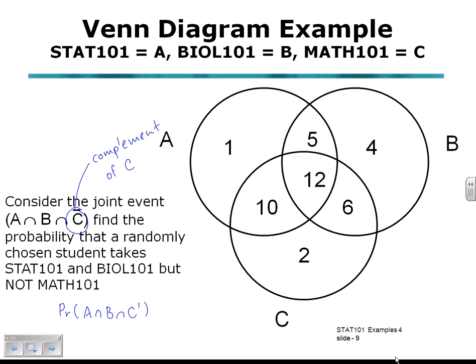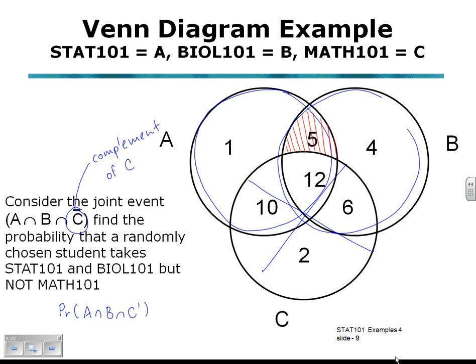So looking at our Venn diagram, which students are we interested in? They're going to be in the overlap of the A and the B circle, but not in the C circle. So the ones we're interested in are the 5 that are left in that triangular shaped area, the overlap between A and B, but not C.